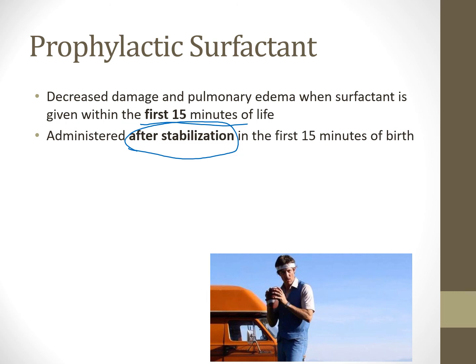If that kid doesn't have a heart rate over 100 and at least an APGAR of 8 or above, or 7 or above depending on the perinatologist, the neonatologist, the NNP, we're probably not going to look at doing this. We've got to make sure that kid is stable before we start pouring stuff down their ET tube. I hope that makes sense to you.